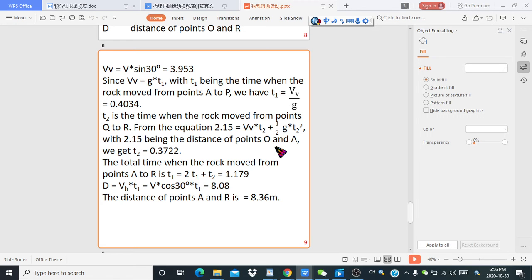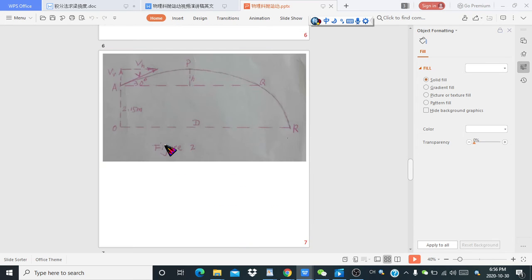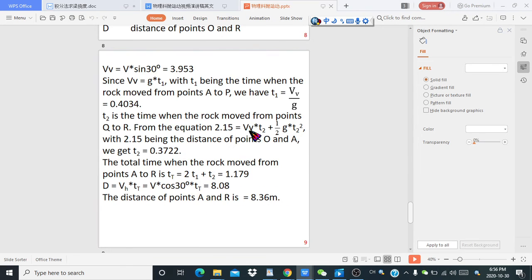And we can get T2 from this equation. So T2, what's T2? T2 is the time for the rock to fly from point Q to R. Here, T2 is the time for the rock to move from here, point Q, to here, point R. This is T2.